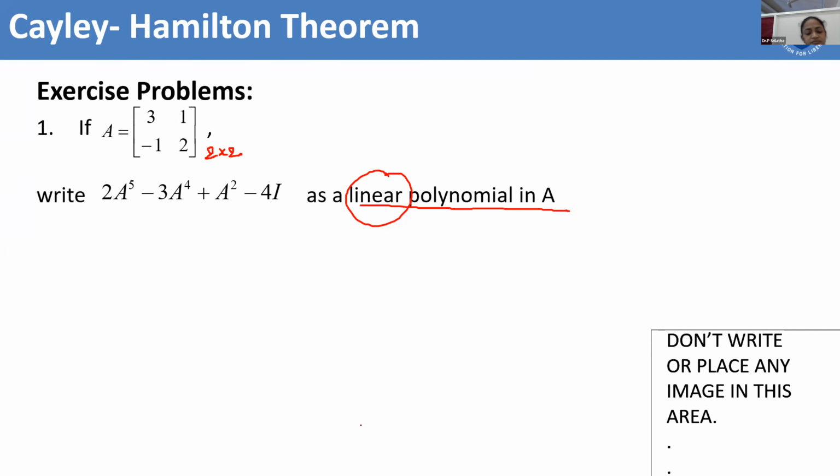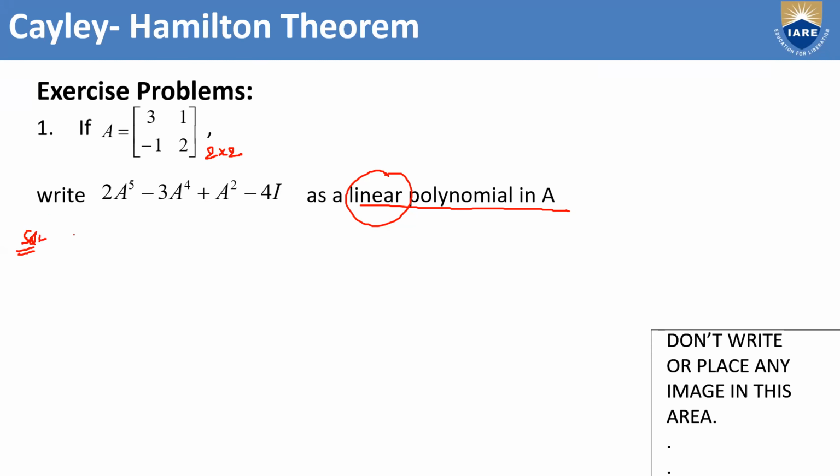So now tell me the answer. What is the characteristic equation?